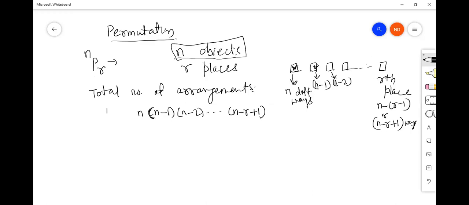So nPr is now like this: n into n minus 1, n minus 2, going till n minus r plus 1. And I know that to get factorial notation, I have to start from 1 up to that number. So n minus r plus 1, and we are going in the backward direction.